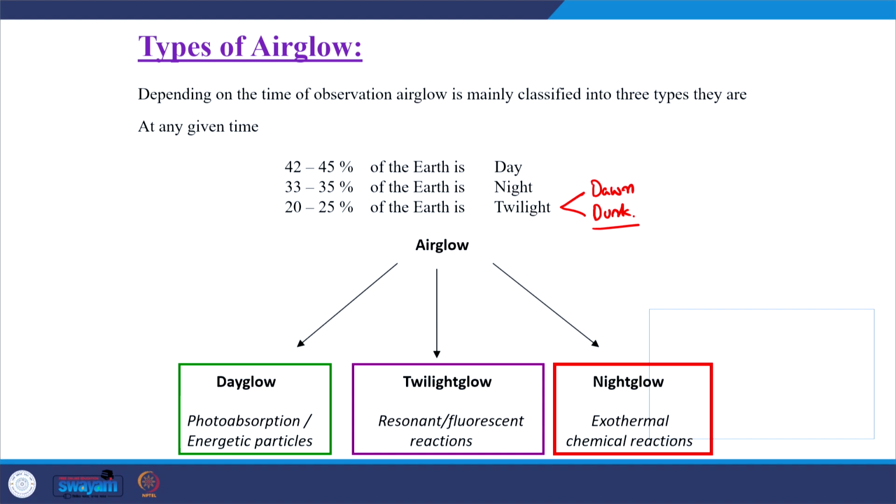Since airglow emission is directly related to the electromagnetic radiation or light that we get from the sun, electromagnetic radiation is directly responsible for the formation of airglow. But we should also ask why there should be twilight glow or night glow.